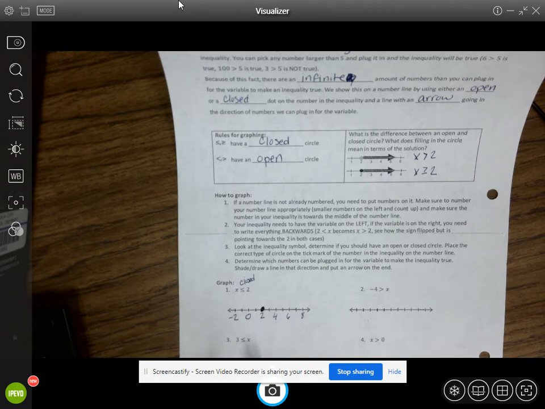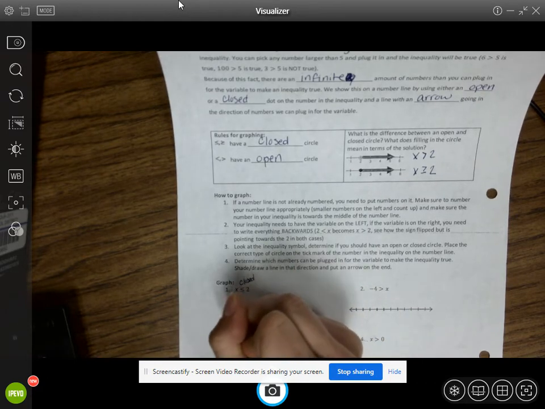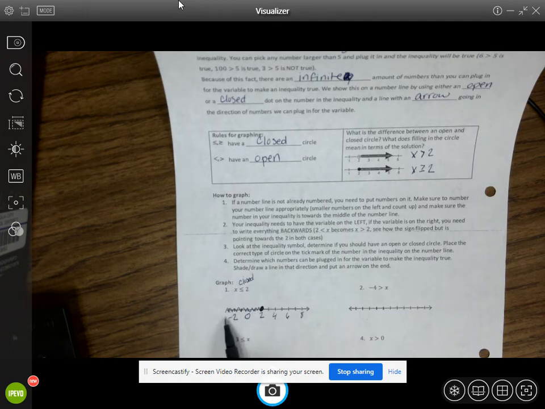So which numbers are less than or equal to 2? Would 0 work or would 4 work? Which one of those is a less than 2 number? 0. So everything over here. So I'm going to shade all the way through to the end of that arrow and put an arrow at the end. There's your solution.